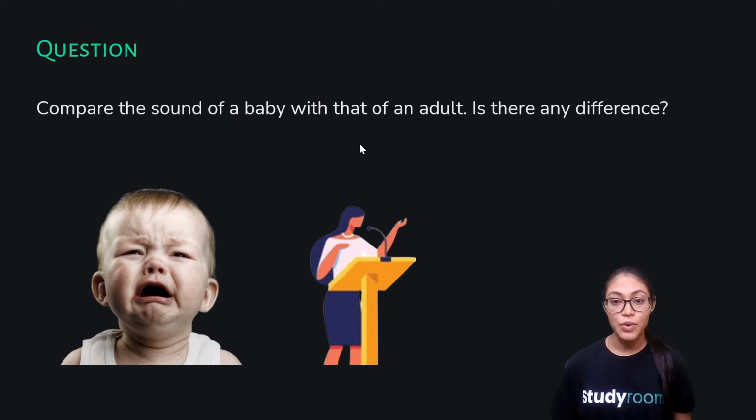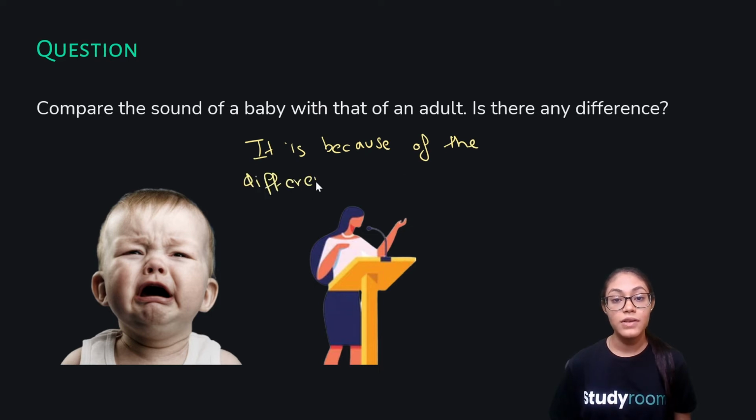It happens because of the different levels of frequency, right? So the sound of the baby may be high pitched and that of an adult may be low pitched. Clear?